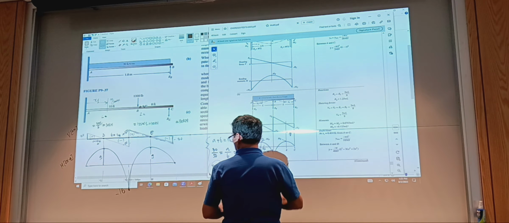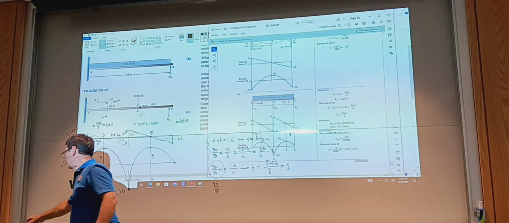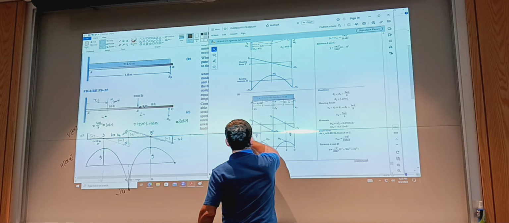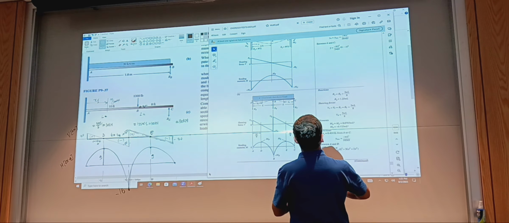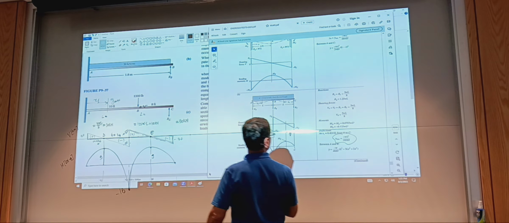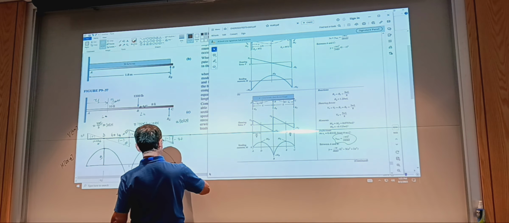So I'm going to erase here, and we can evaluate that maximum deflection. We have the equation. So y max is negative w times L to the power 4 over 185 EI.